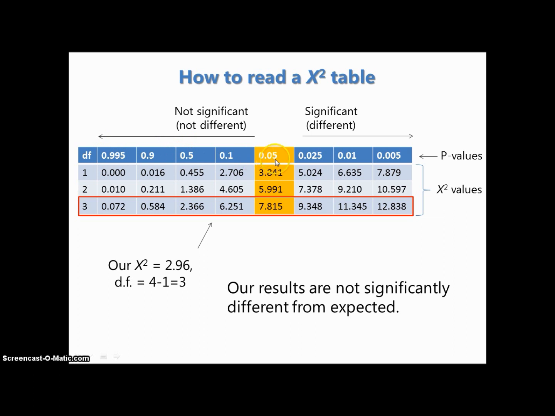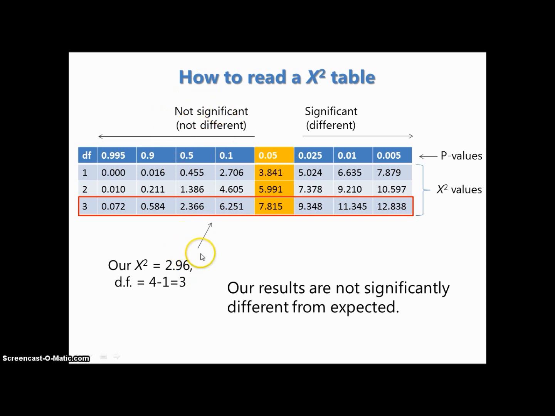This gives the chi-square value for a given p-value for different degrees of freedom. Our chi-square value of 2.96 falls somewhere around here, which is within the not significant range.